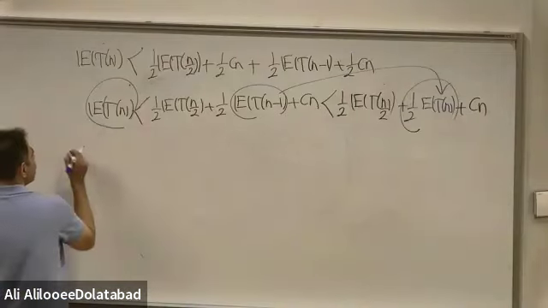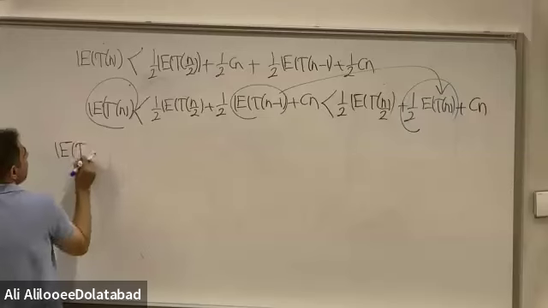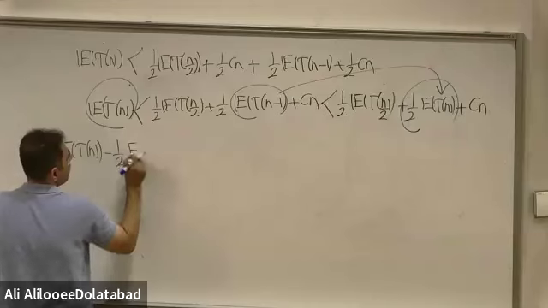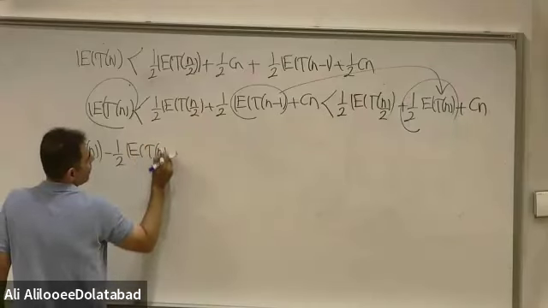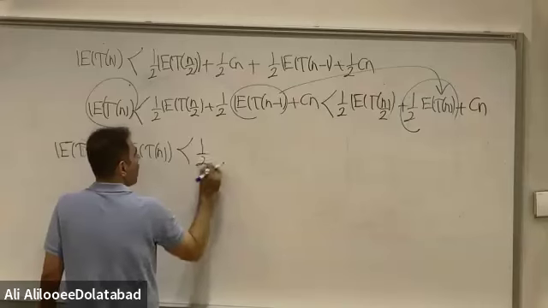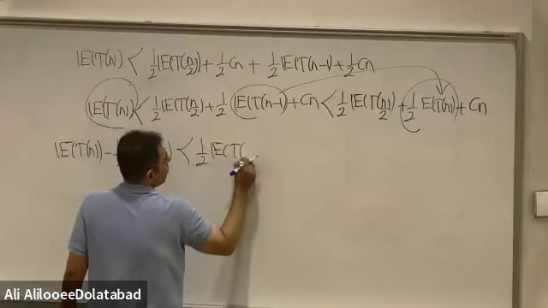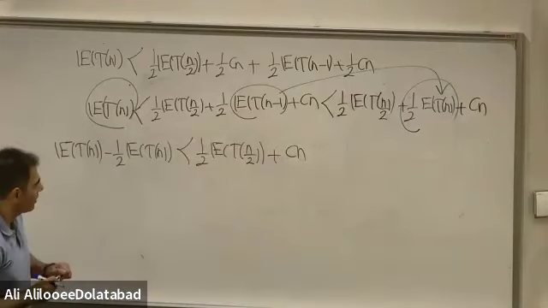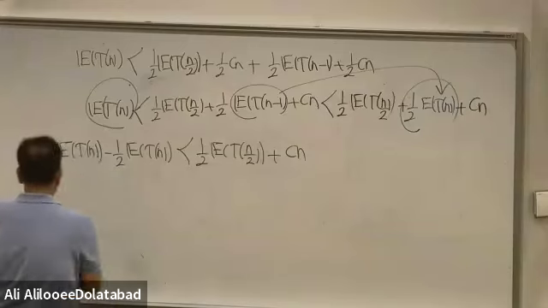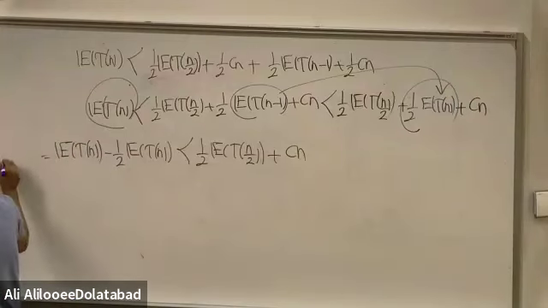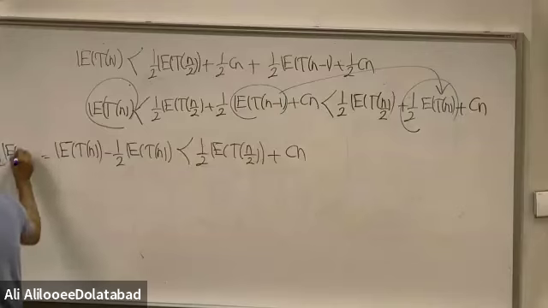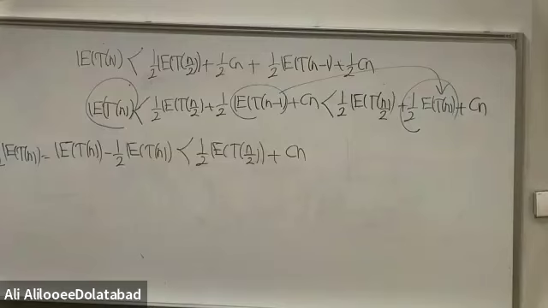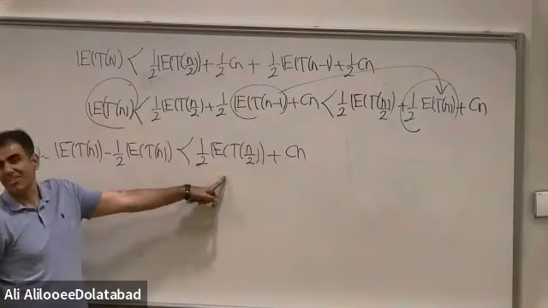If you move it to the other side, you will have E of Tn minus 1/2 E of Tn less than 1/2 E of Tn over 2 plus 1/2 Cn, and E of Tn minus 1/2 E of Tn is equal to 1/2 E of Tn. See, now I have just one recursion on one side.